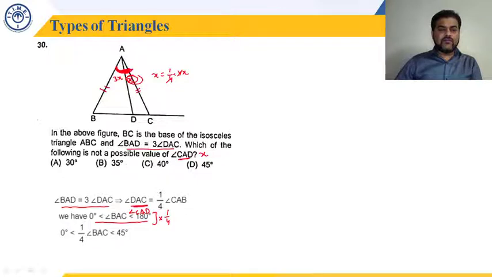So 1/4 of this angle will lie between 0 degrees, because 0 divided by 4 is 0, and 180 divided by 4 is 45. So 1/4 of angle BAC will lie between 0 degrees and 45 degrees. 1/4 of angle BAC is nothing but angle CAD only. Okay. So we can see angle CAD will lie between 0 degrees and 45 degrees. This is nothing but angle CAD from here. You can check.